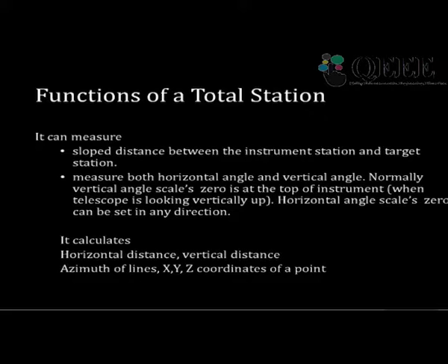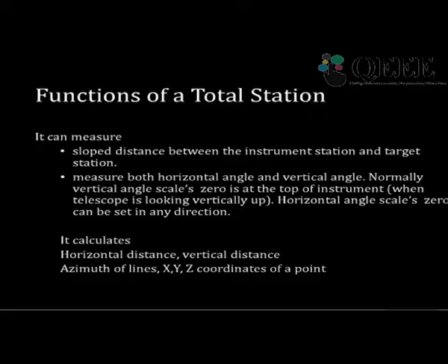And the XYZ coordinates of a point, because a total station can also be used as a leveling instrument. It will provide all kinds of solutions required for surveying: angle measurements, linear measurements, that is distance measurements, both horizontal as well as vertical.